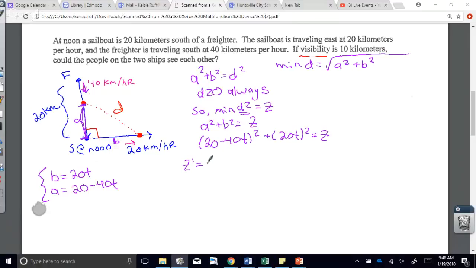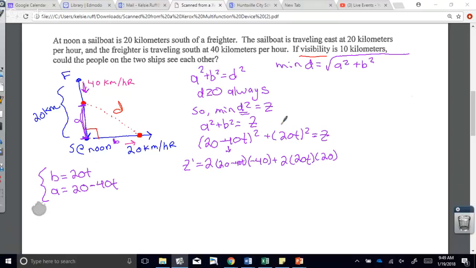For this first piece, we have to use the chain rule, so I've got 2 times the derivative of the inside, which is negative 40, and then the inside piece just stays the same, so we have 20 minus 40t. Over here, same thing, we have plus 2 times 20t times the derivative of the inside, which is 20.